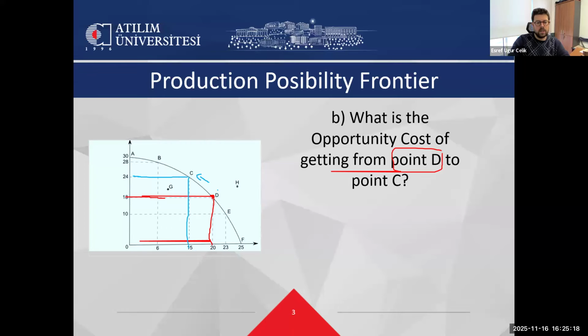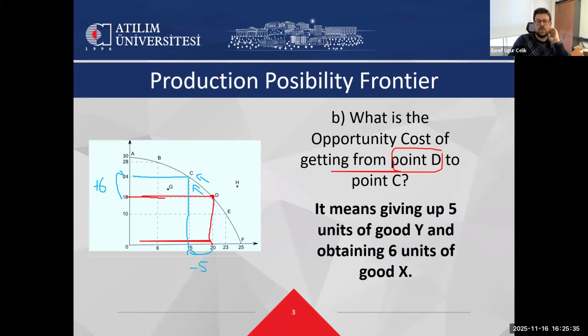So when we move, we give up 5 units and we get 6 units. So the opportunity cost of moving D to C is giving up 5 units of Y and getting 6 units of X.